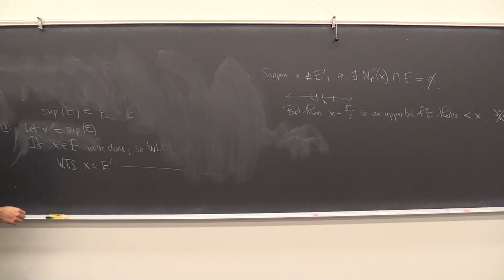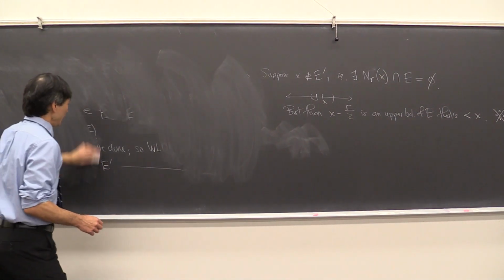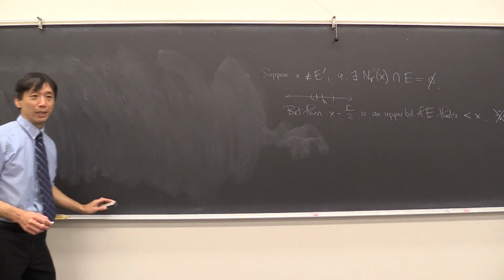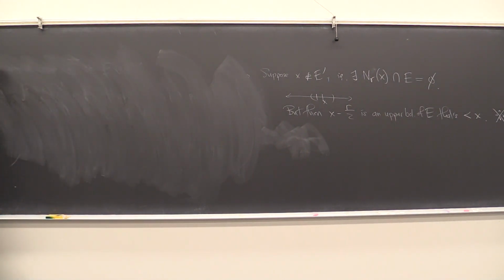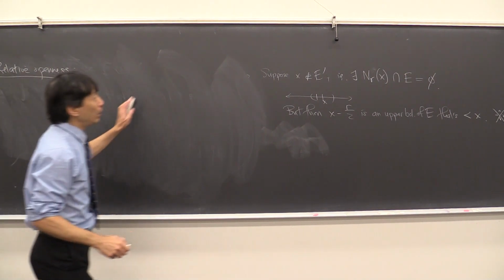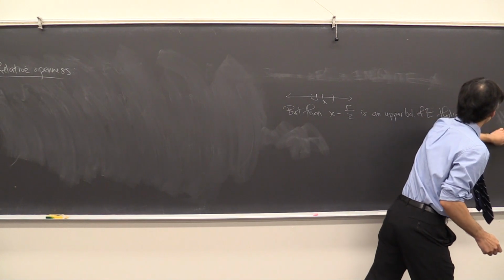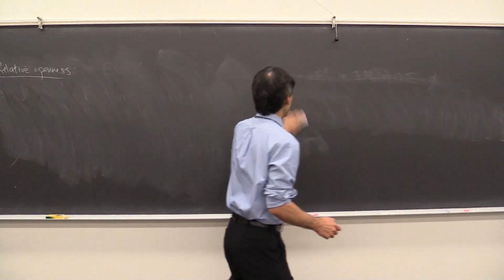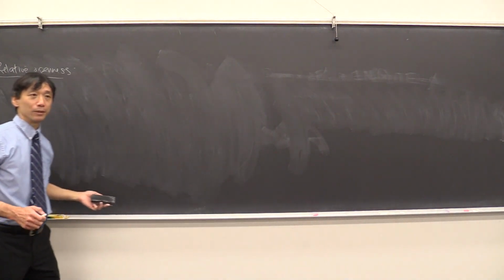The second thing I wanted to mention is an idea that we're just going to introduce and then throw away almost immediately. It's kind of an odd one: the idea of relative openness. We're going to introduce it and then throw it away, because we're talking about compact sets.